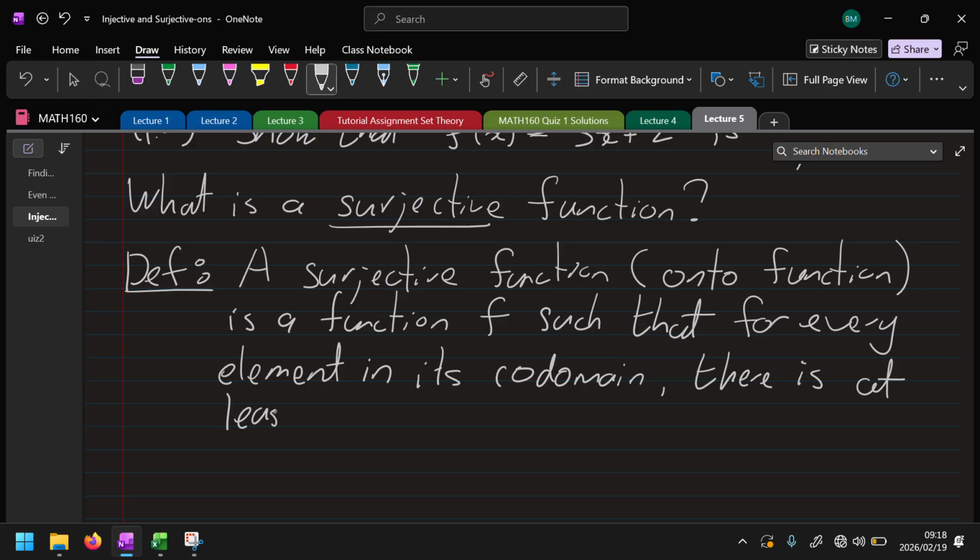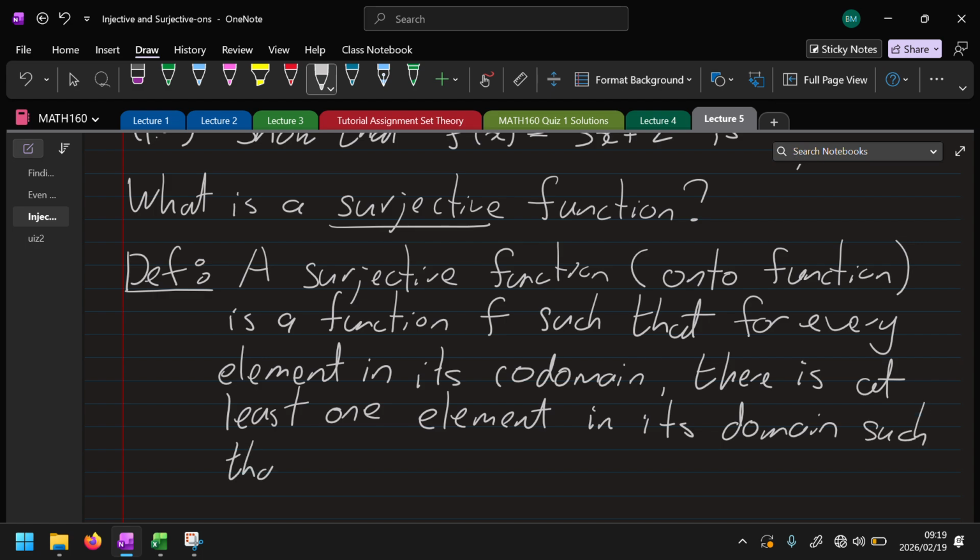There might be two, might be three, might be one, but at least one. At least one element in its domain such that if we call the element in the codomain y and the element in the domain x, like we usually do, such that f of x equals y.